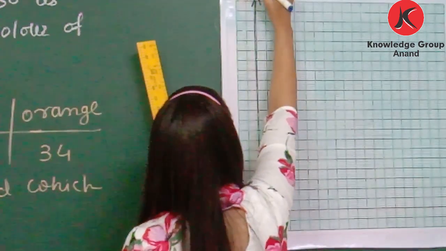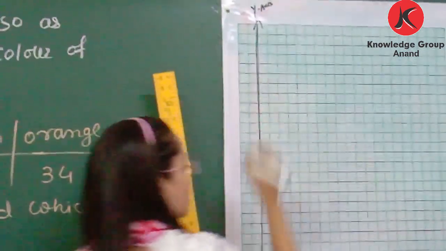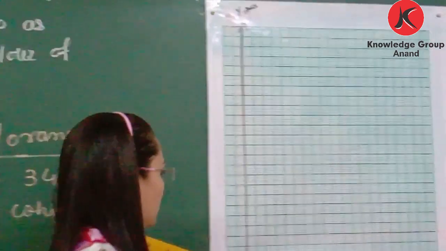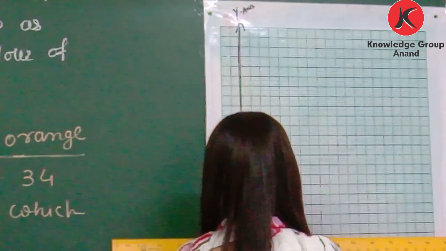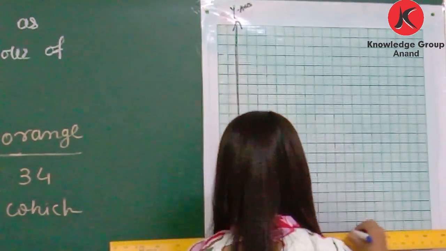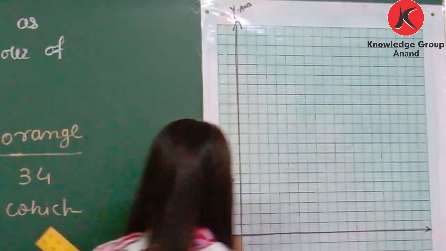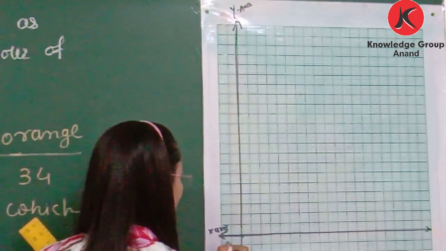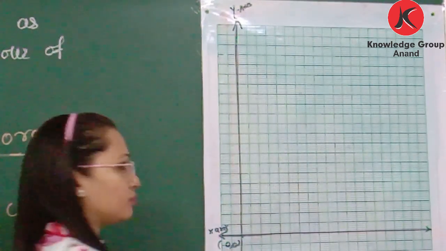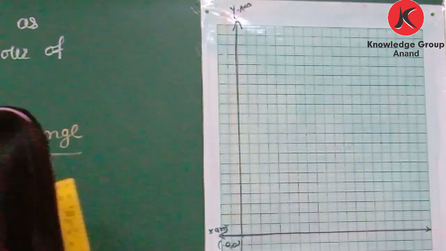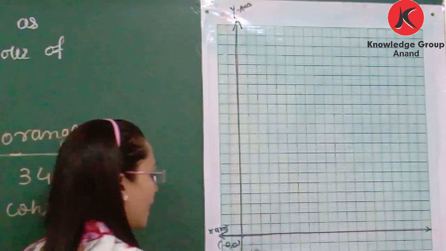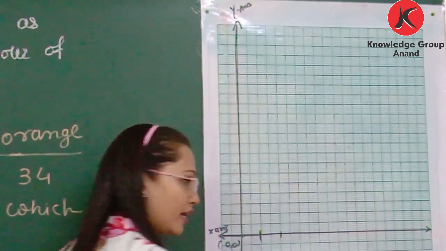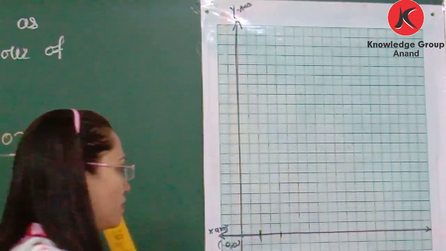So here you need to write y-axis. The horizontal line represents the x-axis, and this point is 0, 0. Clear?